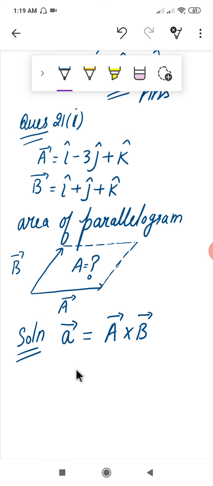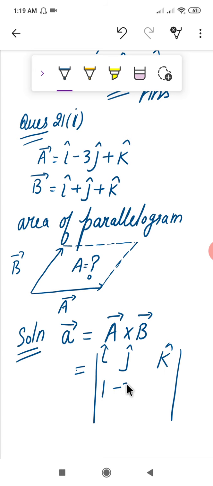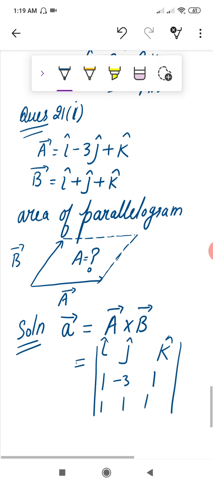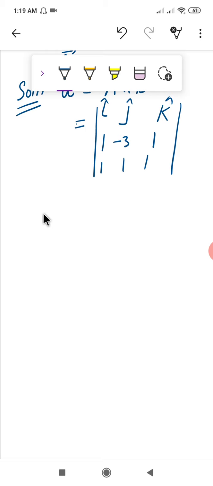So now we have to do the cross product. We know that the cross product needs a determinant: i, j, k, then 1, minus 3, 1, 1, 1, 1, right? And if you, without marking the rows and columns, directly do this, then first you write here i, minus 3, minus 1.